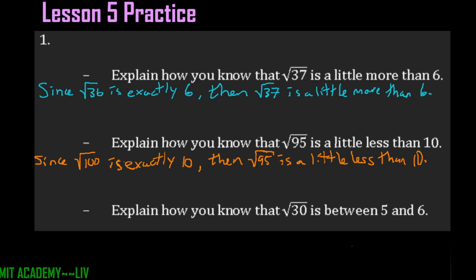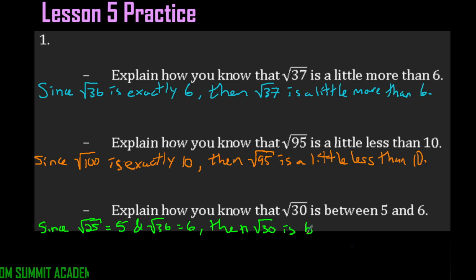Then for that last part, let's do it in green. How do we know the square root of 30 is between 5 and 6? Well, since the square root of 25 is equal to 5, and the square root of 36 is equal to 6, that gives us that the square root of 30 is between 5 and 6.